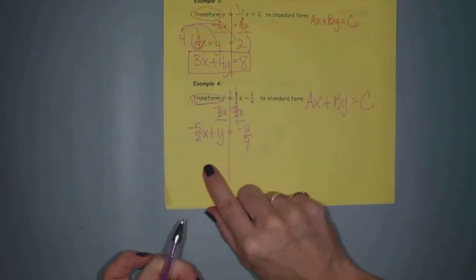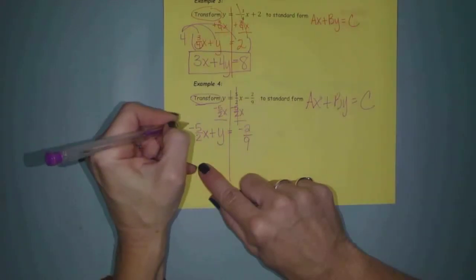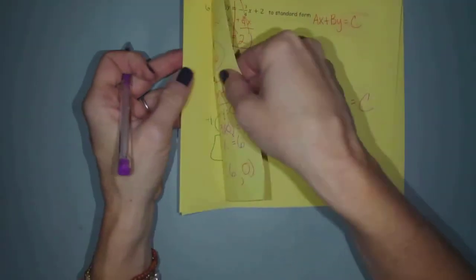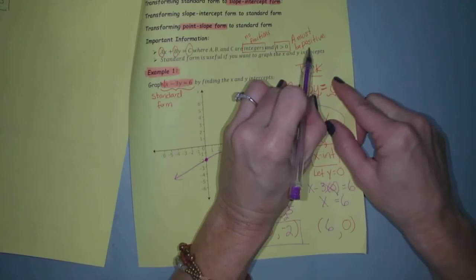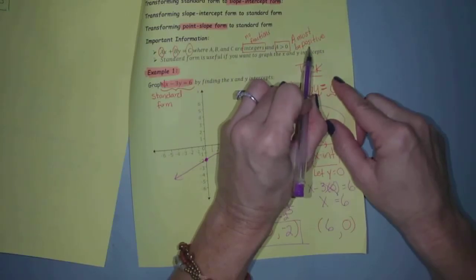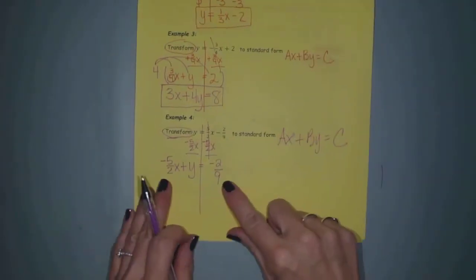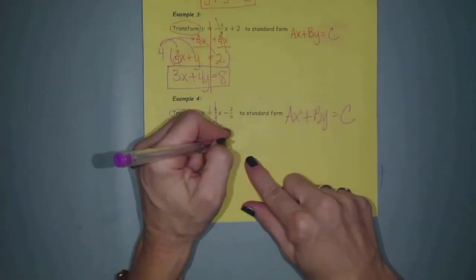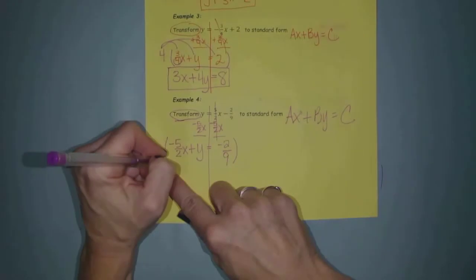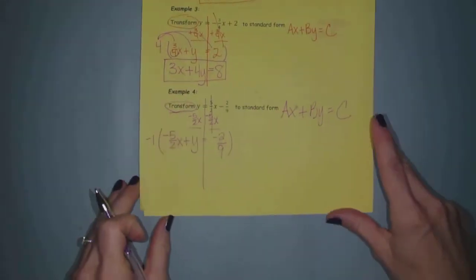Okay, so first problem, the guy that's in front of the x, which is the a, he has to be positive, not negative. So the first step is let's make him a positive. The only way to do that is to throw parentheses around here, and let's multiply by a -1.